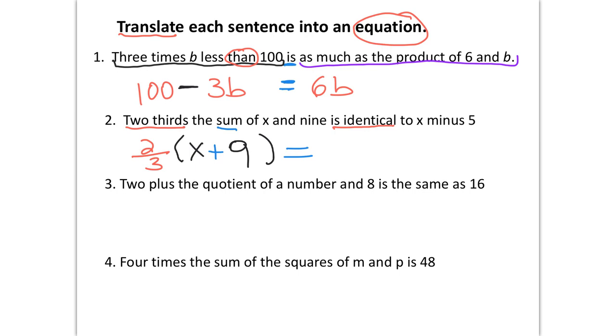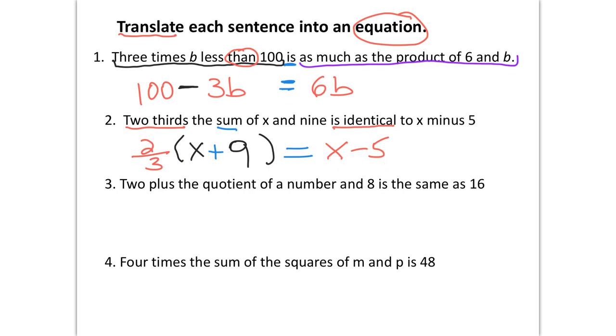On the right side, it says is identical to x minus 5. Now that's very self-explanatory. You just write down the x minus 5. So my equation is 2/3 times the quantity of x plus 9 equals x minus 5. Let's look at number 3.